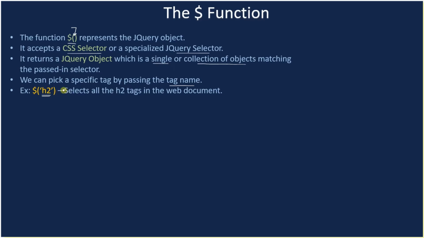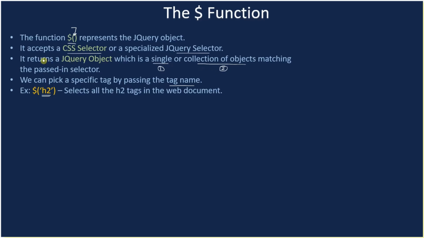Right? So when the document contains only one h2 element, it will return a single DOM object. But if the document has multiple h2 elements in it, then the same $('h2') will return a collection of DOM objects as a JavaScript array.